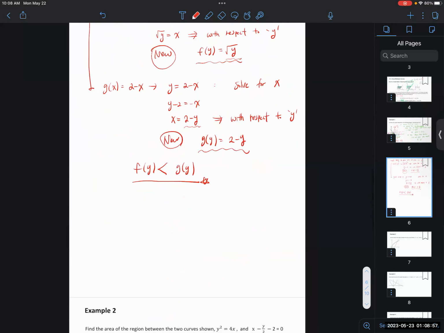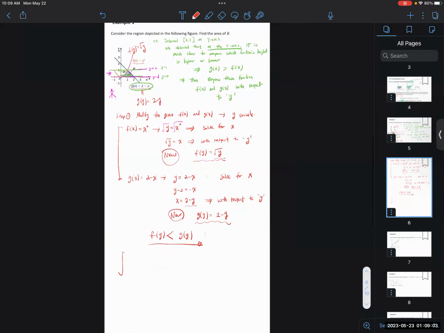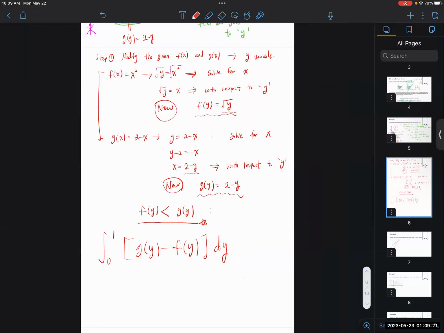So set it up from where to where? From 0 to 1. I'm going to subtract from g this time because the g function is higher than the f function, and then you're going to take the integral with respect to the y variable. So we're going to set it up.